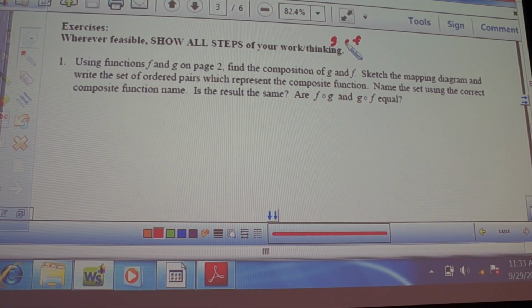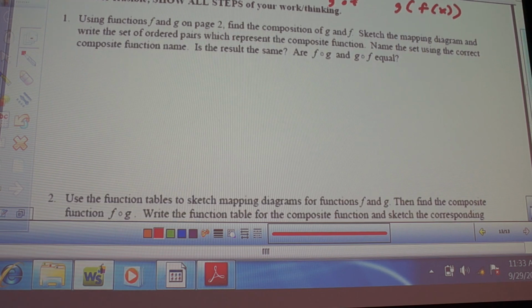That's like an open circle. It's hard to see. So it really means g of f of x, which means which one am I going to do first here? F. Great. So I get my sheet here, and I know we have 1, 2, and 3, and we end up going to 1, 2, and 3.